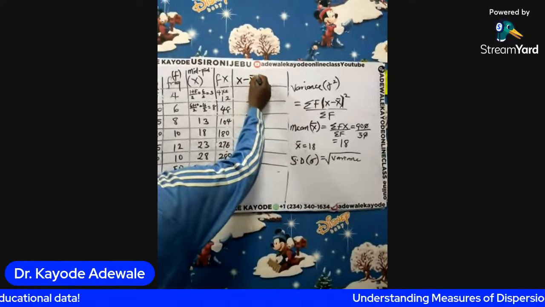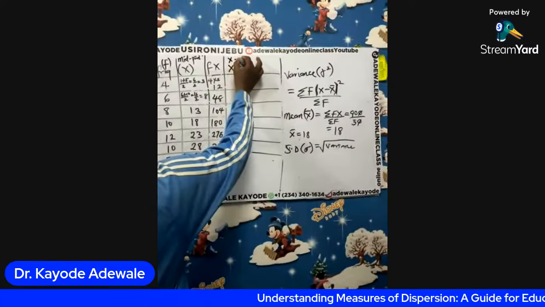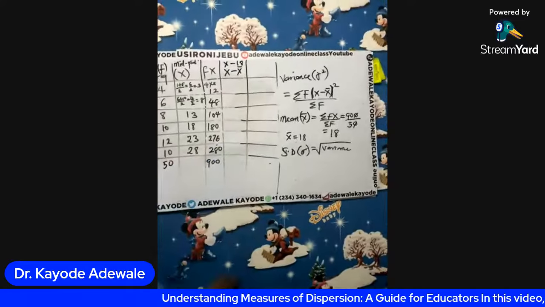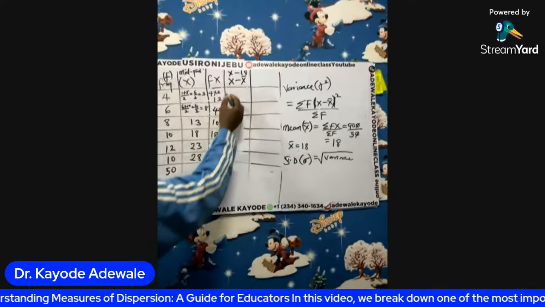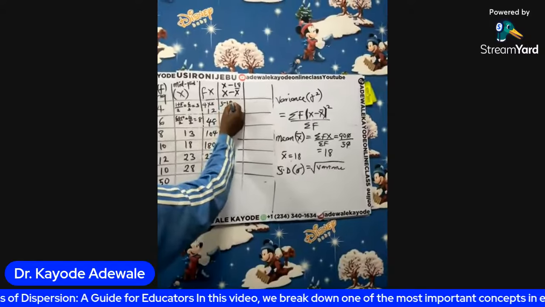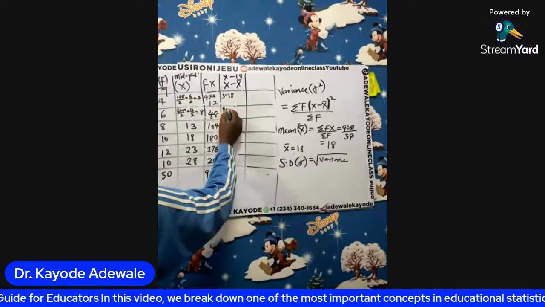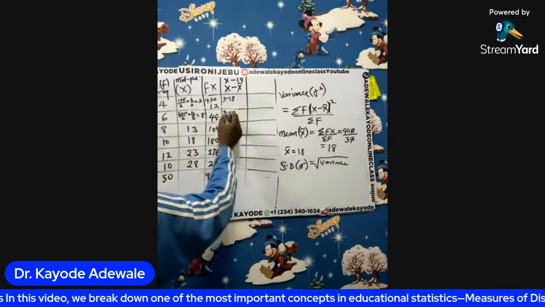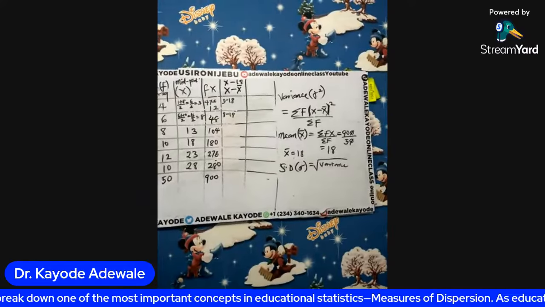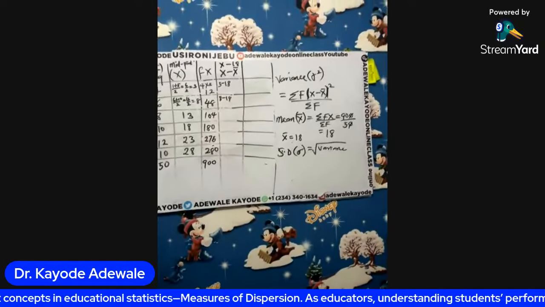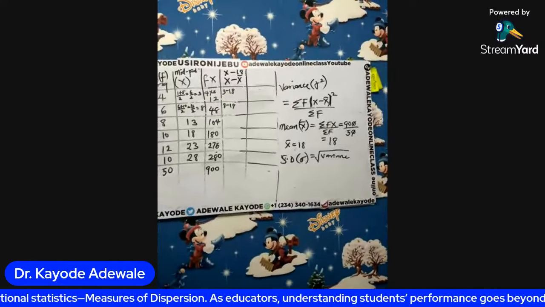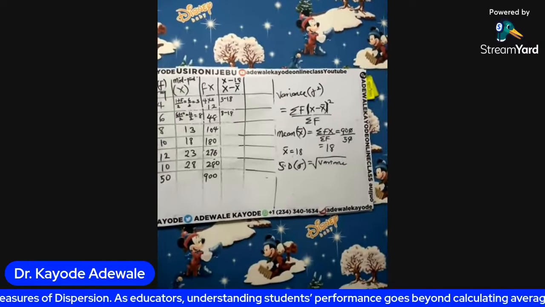X bar. And X minus X bar is X minus what? 18. So that means you are taking 18 away from all the values of X. That is 3 minus 18, 8 minus 18. Then you do it like that.